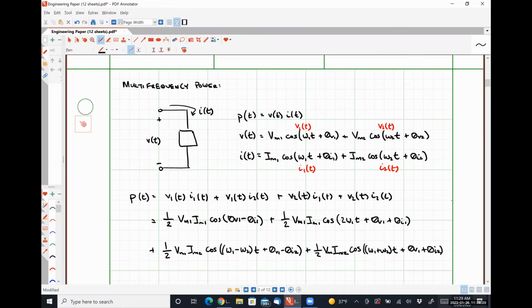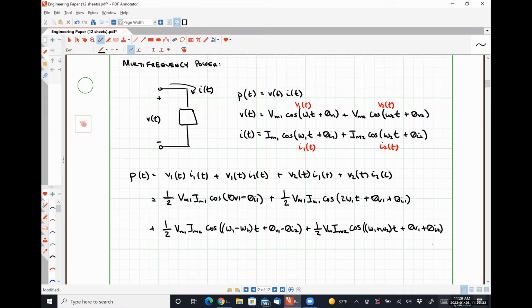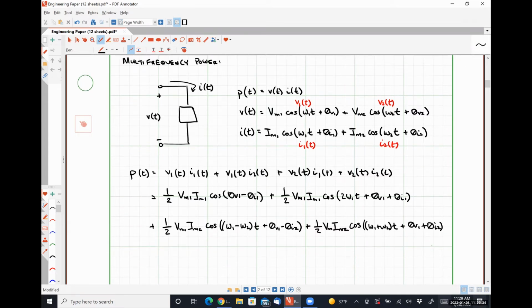Now we have the V2 times I1 term. So that's going to be very similar here, except that effectively we're going to have omega 2s minus omega 1s. So that's going to be 1/2 VM2 IM1 cosine omega 2 minus omega 1 t plus theta V2 minus theta I1 plus 1/2 VM.